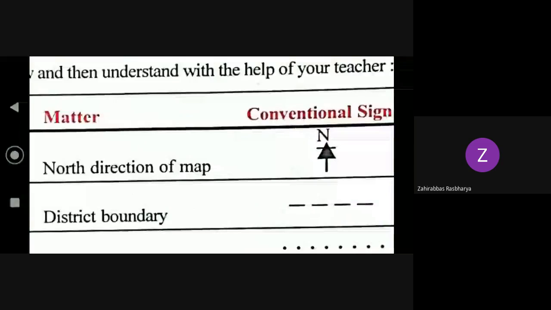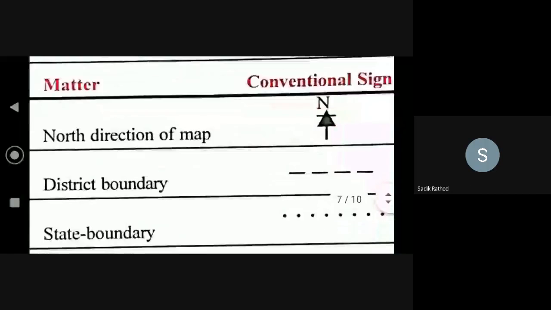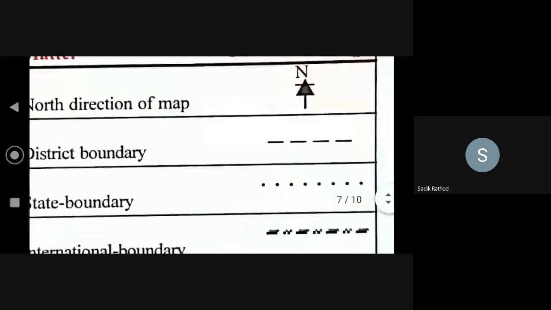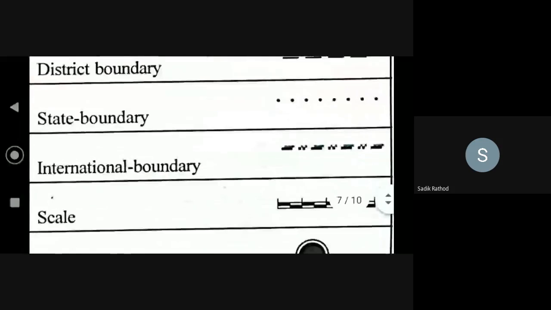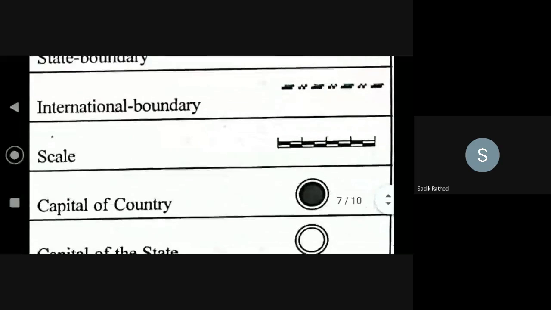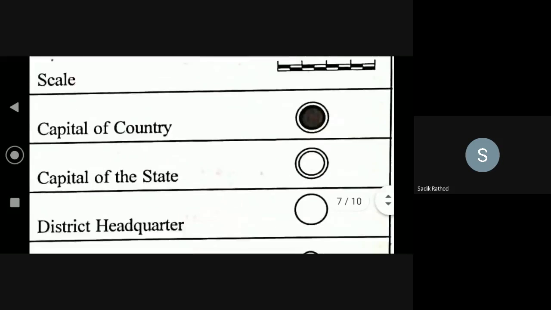Yes, ma'am. North direction of map. Then district boundary, state boundary, then international boundary, scale. Capital of country. Can you see? Capital of state.